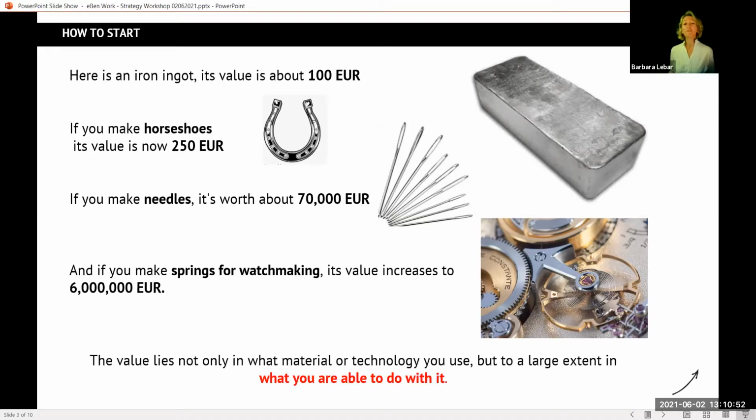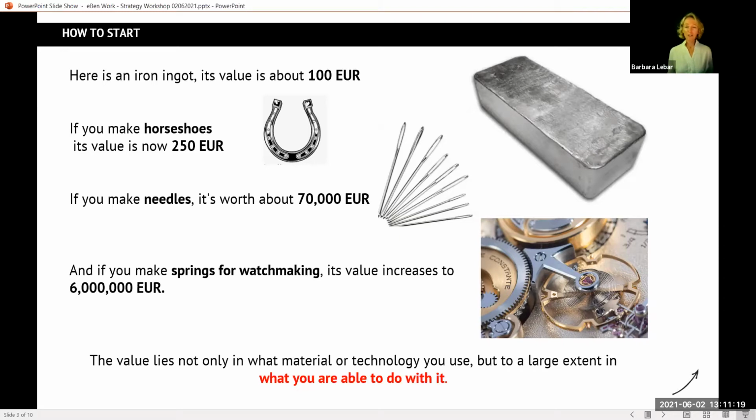Now, what can we learn out of that? The value itself is not in what knowledge we have, it's not in the product itself or technology itself, but in what you are going to make out of it. That's why allow yourself to dream high whenever you are thinking about strategy goals, or whenever you think to make a startup, to really start your own company.